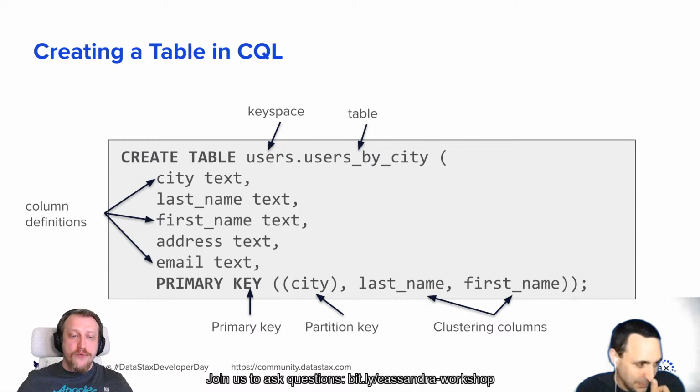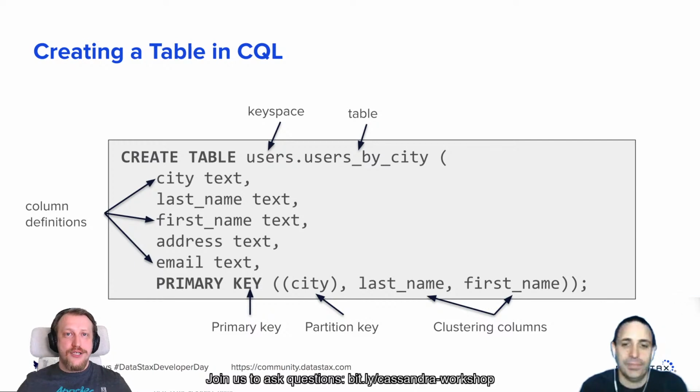Exactly. So primary key must ensure uniqueness. And what's the probability of having 2 John Smiths in the same New York, let's say? Obviously, there are a lot of them. And in this case, the primary key is very bad because it doesn't ensure uniqueness. So that's a very bad primary key.